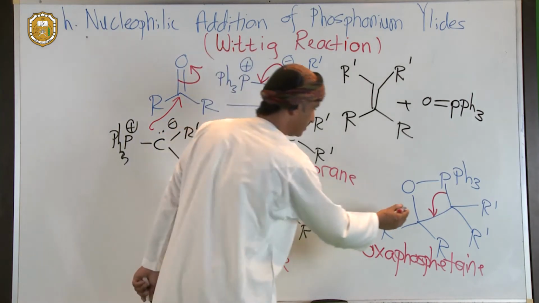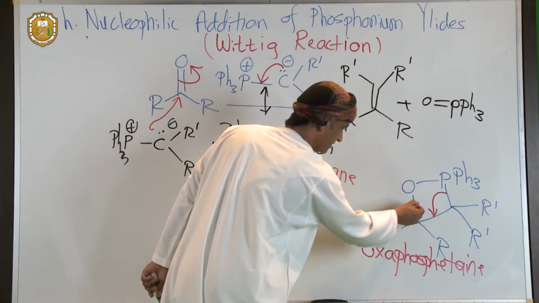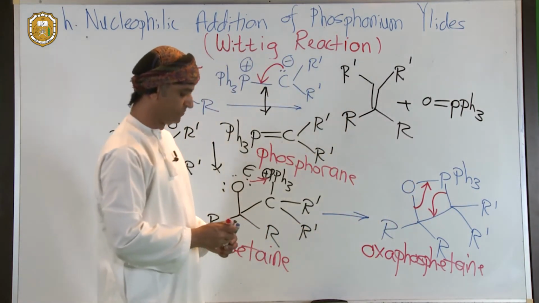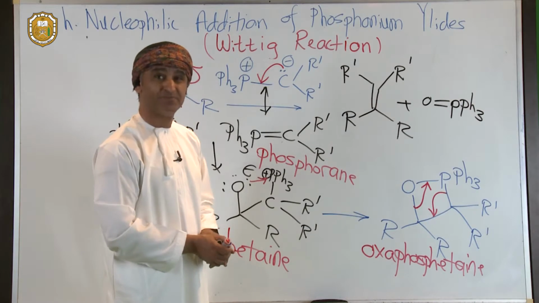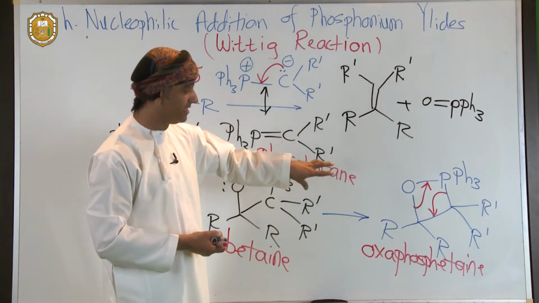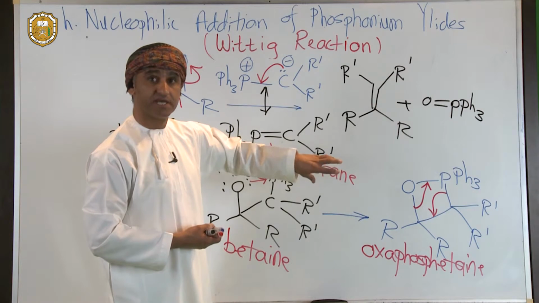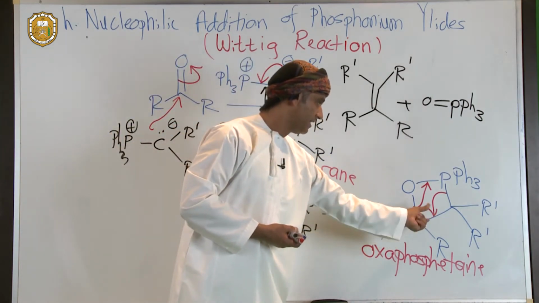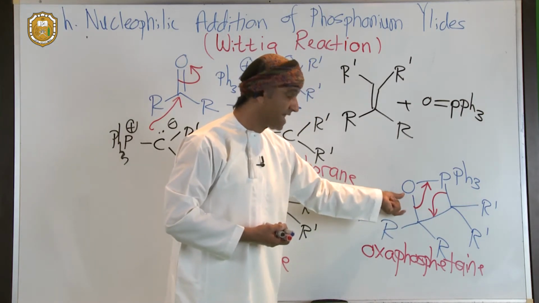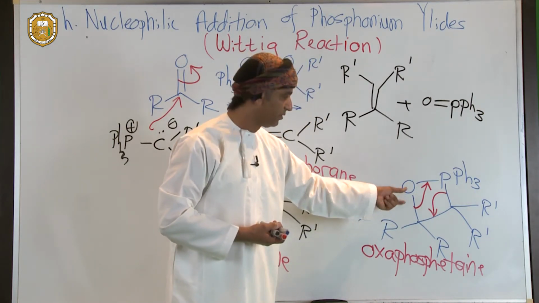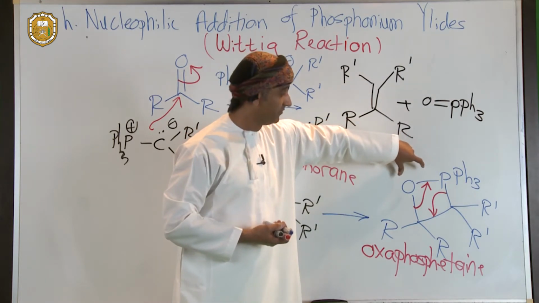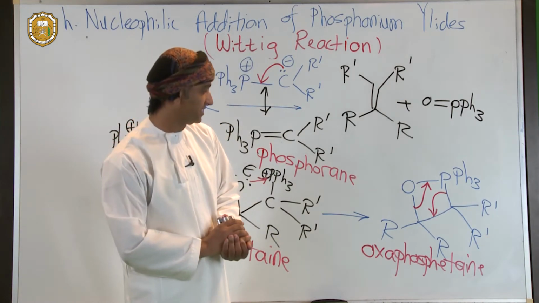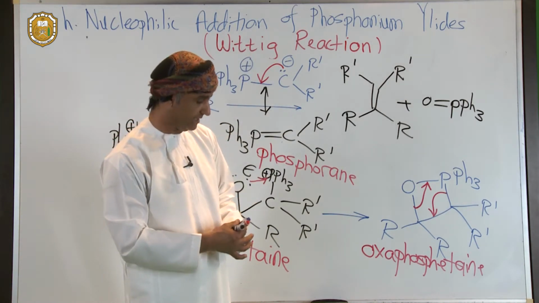It's in period 2. So this carbon-oxygen bond breaks, and it makes an oxygen-phosphorus double bond at the same time. This is a concerted type mechanism, if you like: formation of a carbon-carbon double bond, breakage of this carbon-oxygen single bond, formation of an oxygen-phosphorus double bond, and obviously breakage of that phosphorus-carbon single bond.